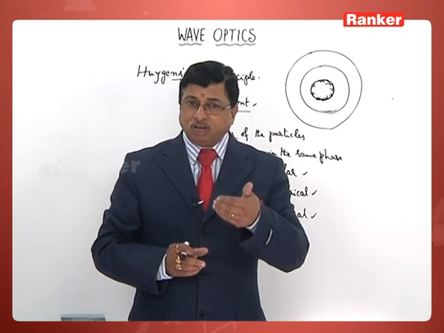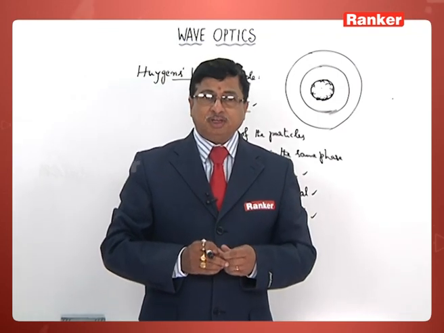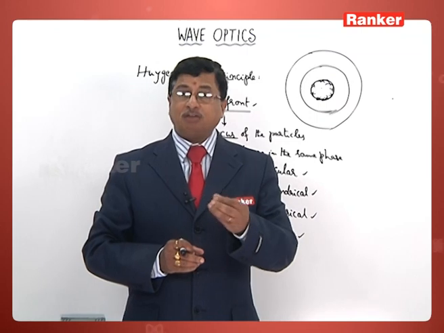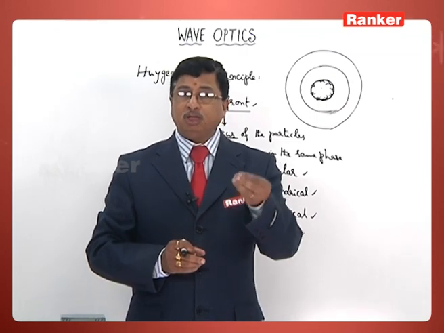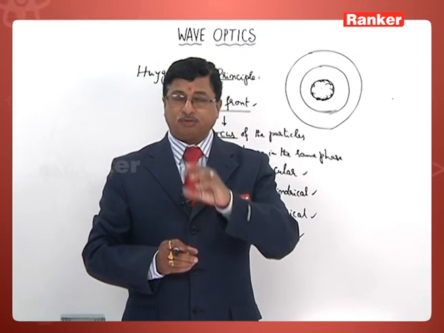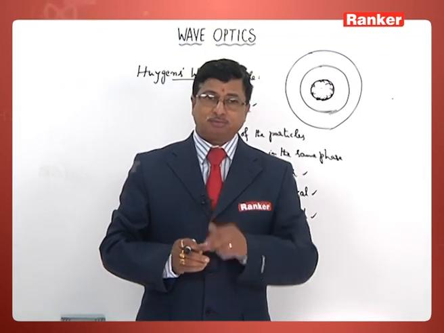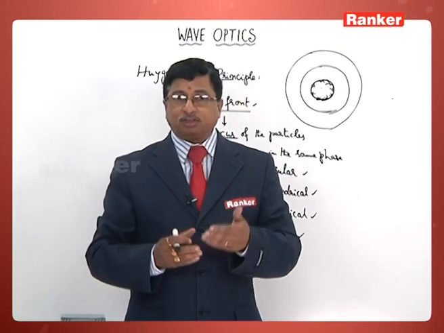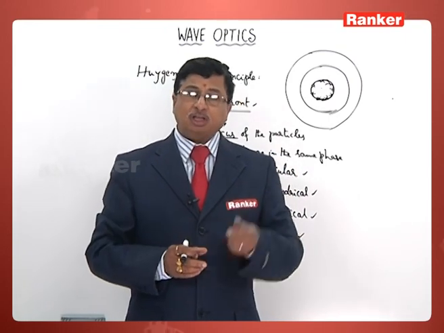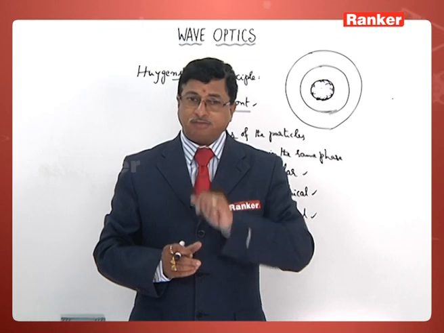So in this example, the waves which are produced by the primary source of light are now called secondary waves, and the wavefronts which are formed thereafter are called secondary wavefronts.